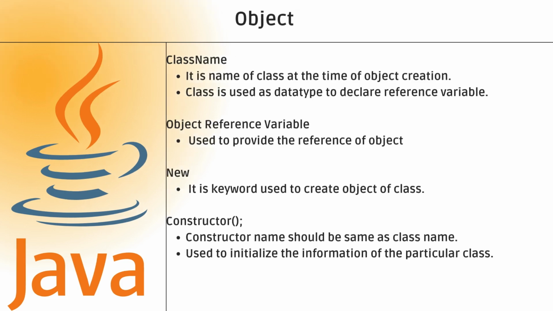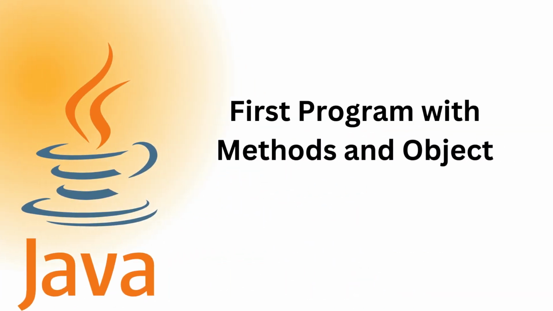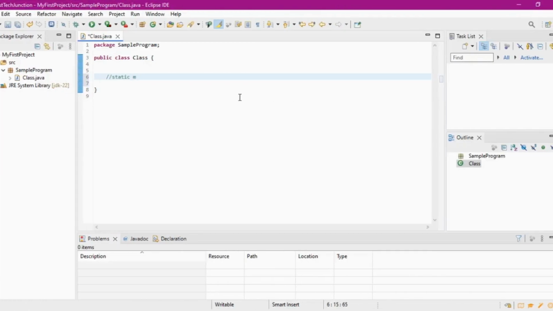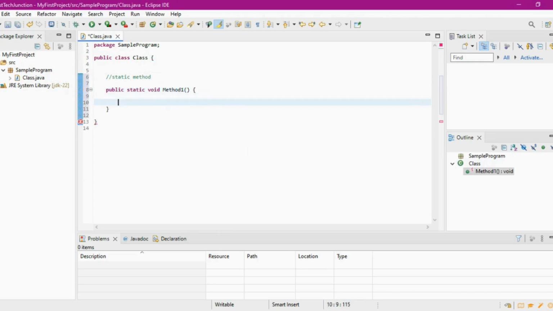Now we will write our first program with static, non-static and main method. So this is my class. I already have created one project, package and class. So let's write the first static method. The syntax of a static method is public static void, let's give the method name, method1, signature brackets and curly braces.